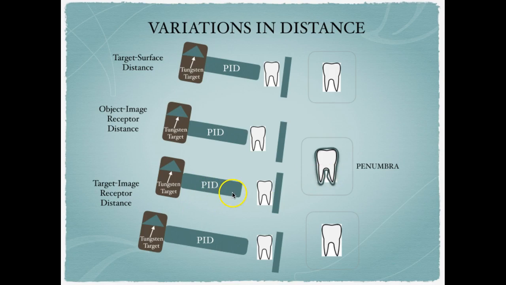Or if your PID, representing the length of your target area, is too far away from your object and your image receptor, you will also get a penumbra. Or if you extend the PID with a long PID, which is recommended, it keeps the x-rays parallel and therefore will result in a clear image.